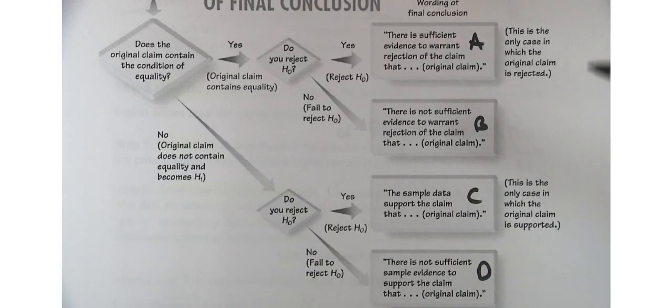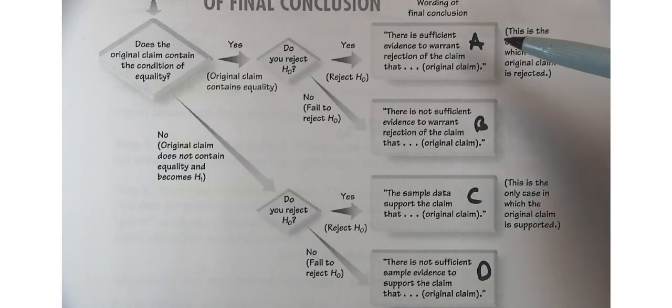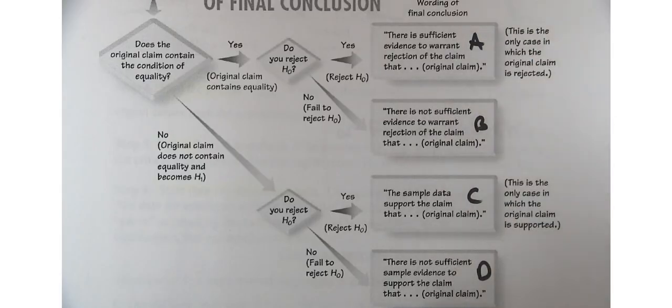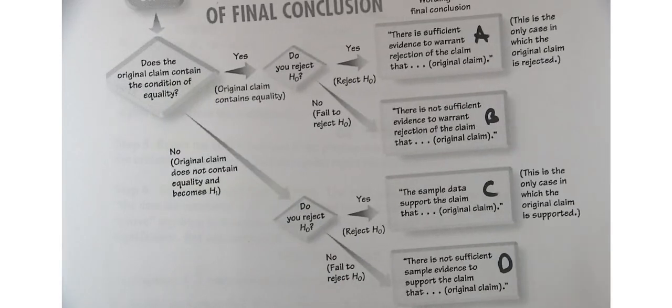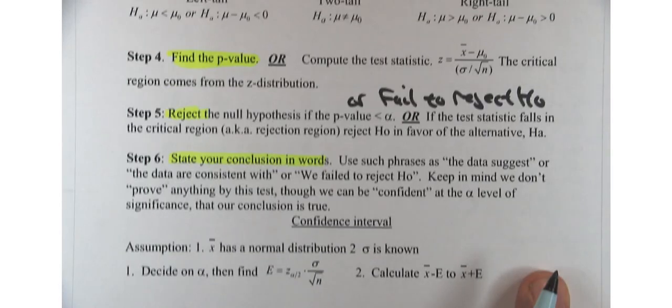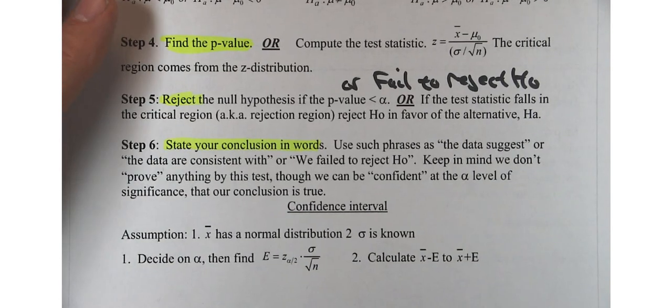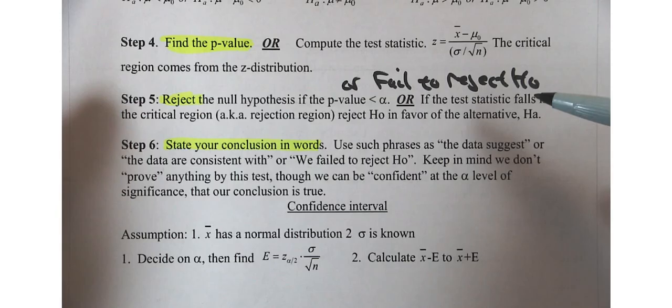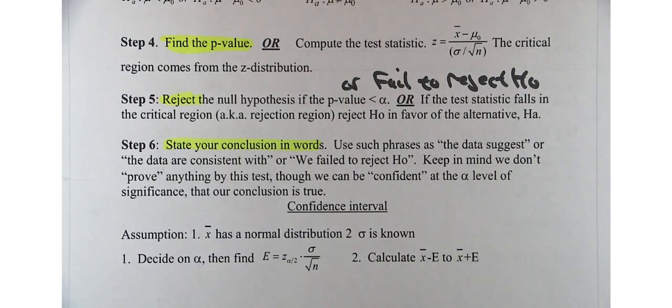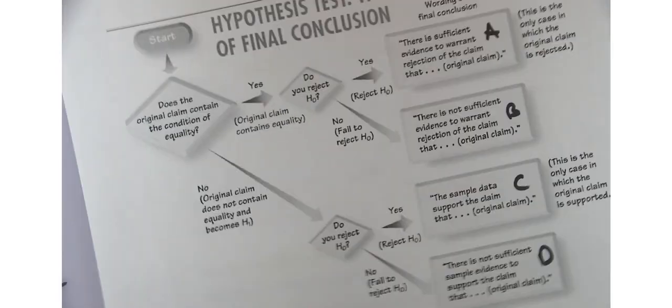Your conclusion in words should not use any symbols. I don't want H0, I don't want mu or sigma or P. It should just be something in words that's friendly, that somebody without a statistics background can read and make sense out of. We're going to put a lot of emphasis on that, because a lot of what you used to have to do is done for you with a computer. Okay, so that's where we're headed today.